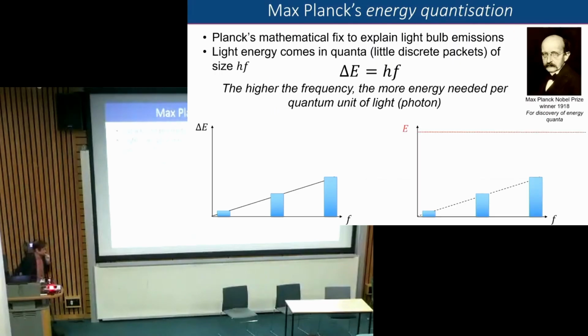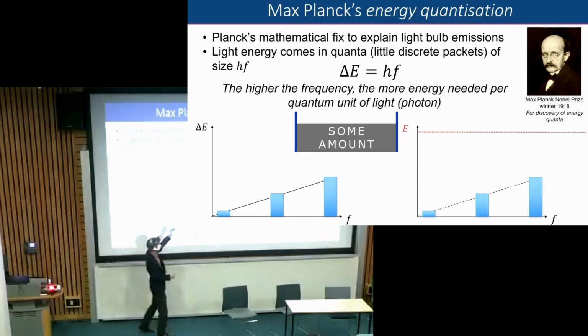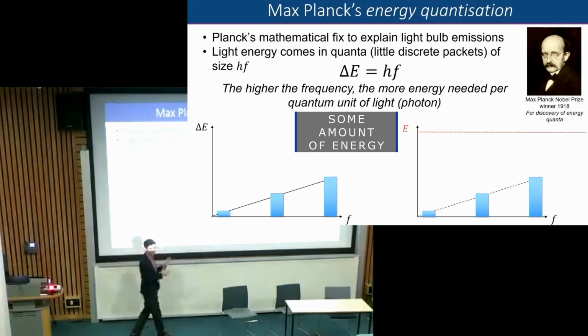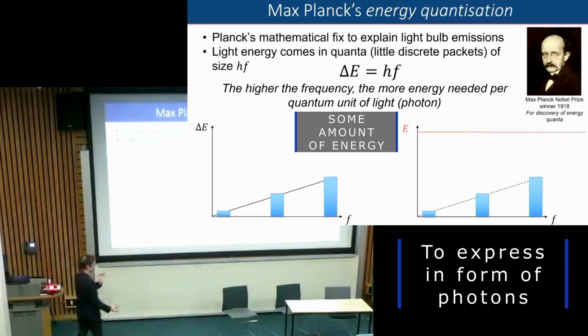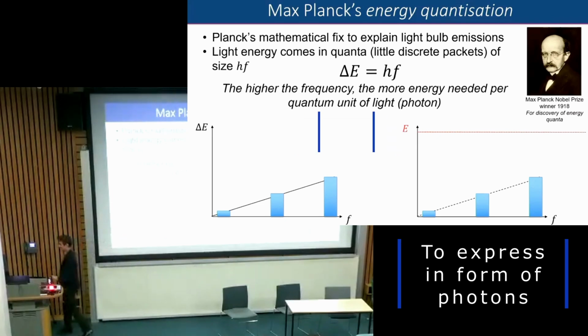It's telling us the following, which is important to understand. If there's some amount of energy E, so this is just my way of trying to convey to you how this fixes the ultraviolet catastrophe. What we're saying is if we've got some energy E that we want to express in the form of photons, what does that simple equation tell us?